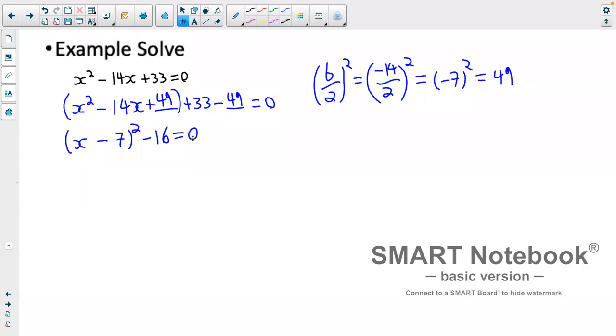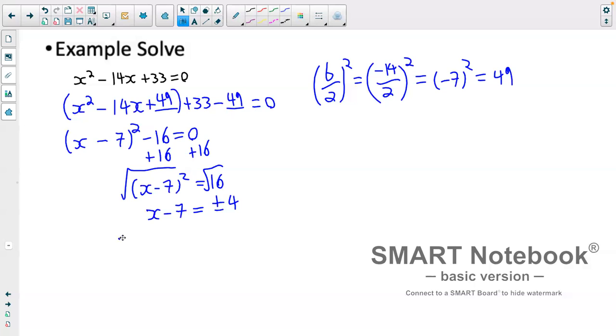At this point, we can use our square root principle to solve this. So I'd move the 16 to the other side. So I have x minus 7 squared equals 16. At this point, take the square root of both sides. So that gives us x minus 7 is equal to plus or minus 4.